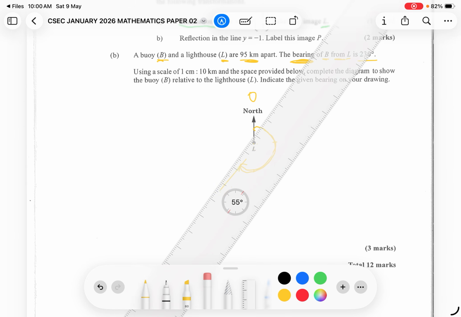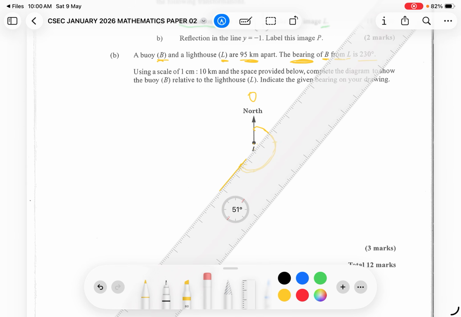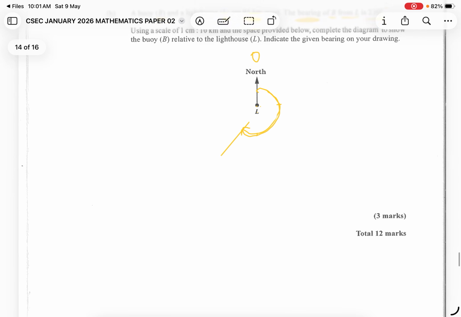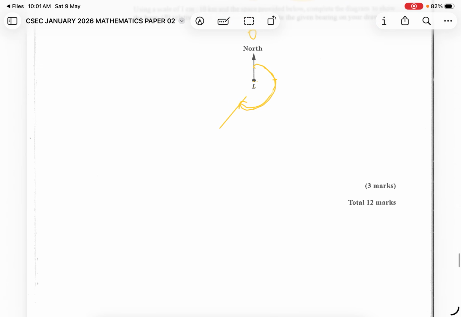So I know that from where I'm standing there, I need 9.5, so I would count that. 1, 2, 3. Let me go up a little bit on this to ensure that I can get the measurement.